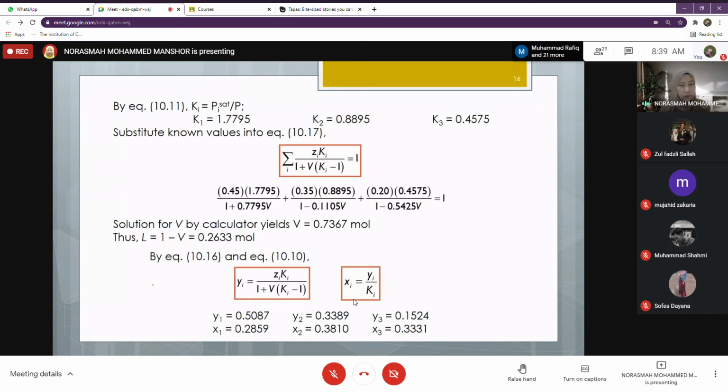The variable V, you can select any unknown in the calculator. Can? Anyone got it?